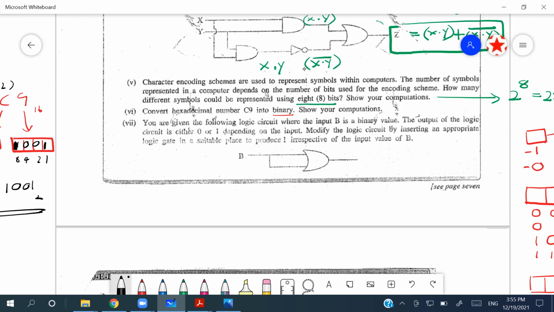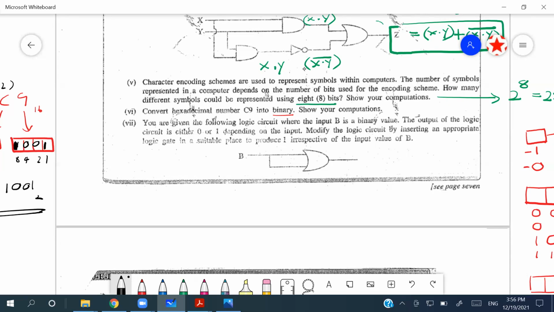Oh, right. All right. So that means you have to modify this particular circuit to have the output as 1 always. You can add one particular gate in this circuit.